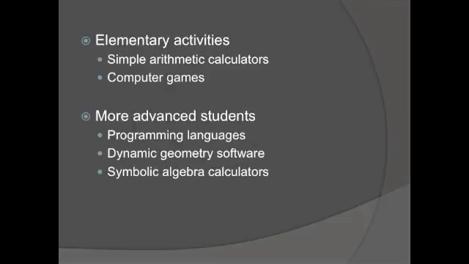Technology provides opportunities for both elementary and more advanced students. Some elementary activities would be to do simple arithmetic on calculators or to do computer games that provide fact learning drills. Some more advanced students could study programming languages, dynamic geometry software, symbolic algebra calculators.